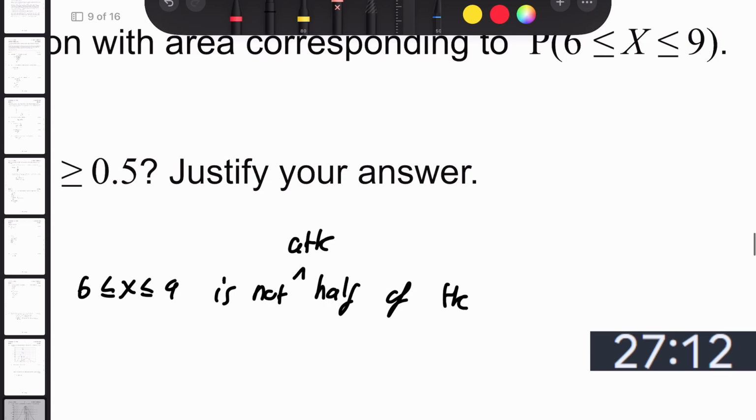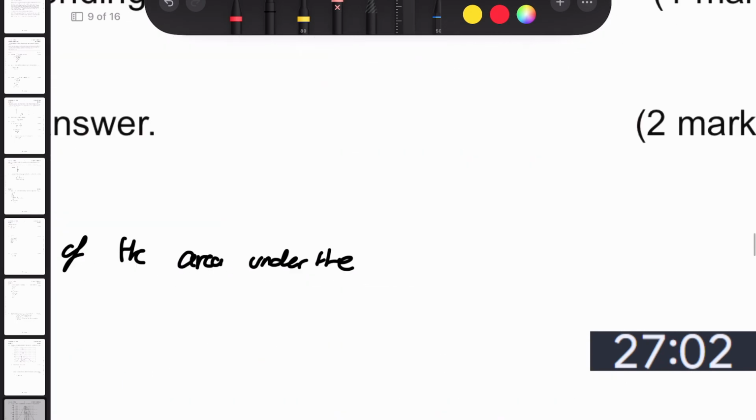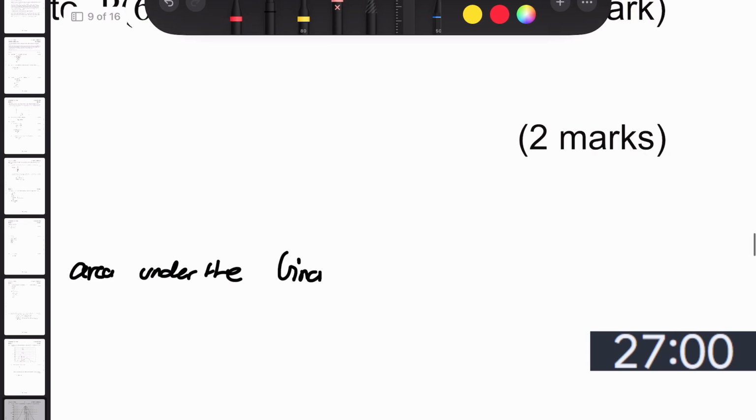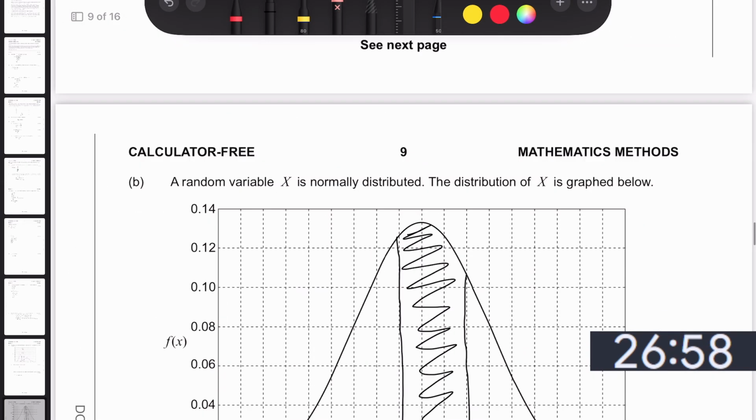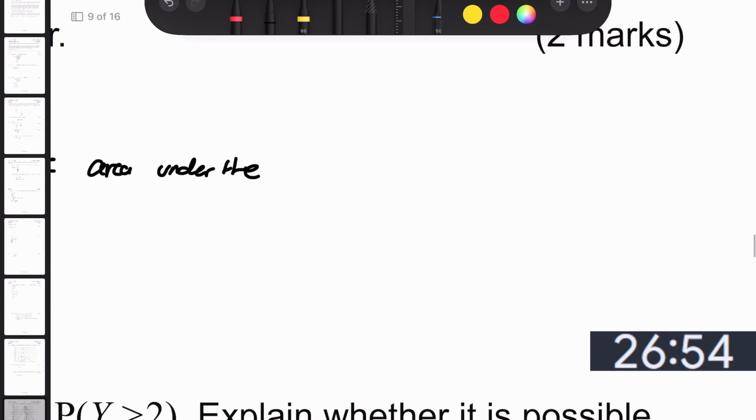It's not at least. Under the binomial distribution graph. It's under the normal distribution graph, not binomial.